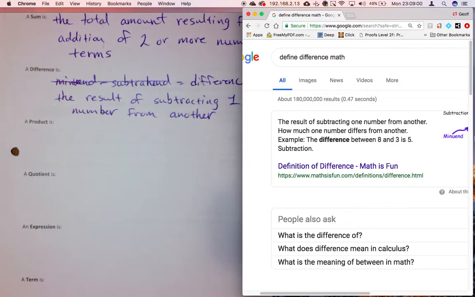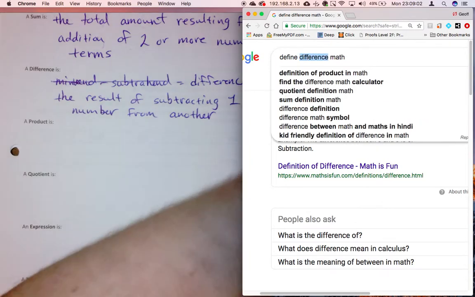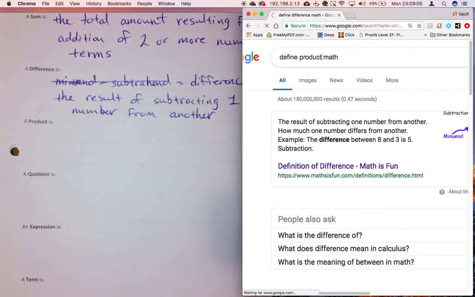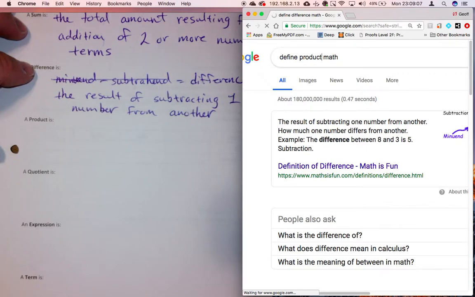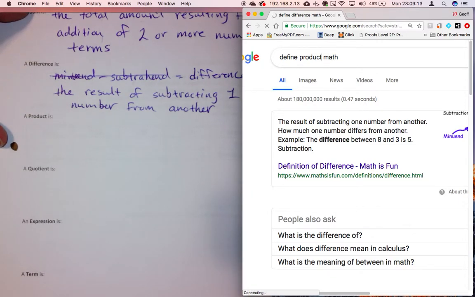Okay, define product. You probably know what I'm going to say. Product is the multiplication of two numbers. Okay, I'm just going to write it down.